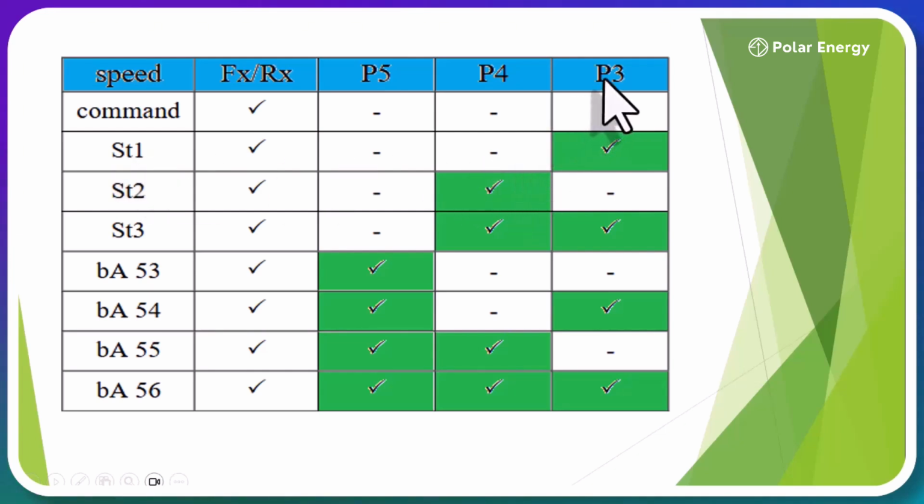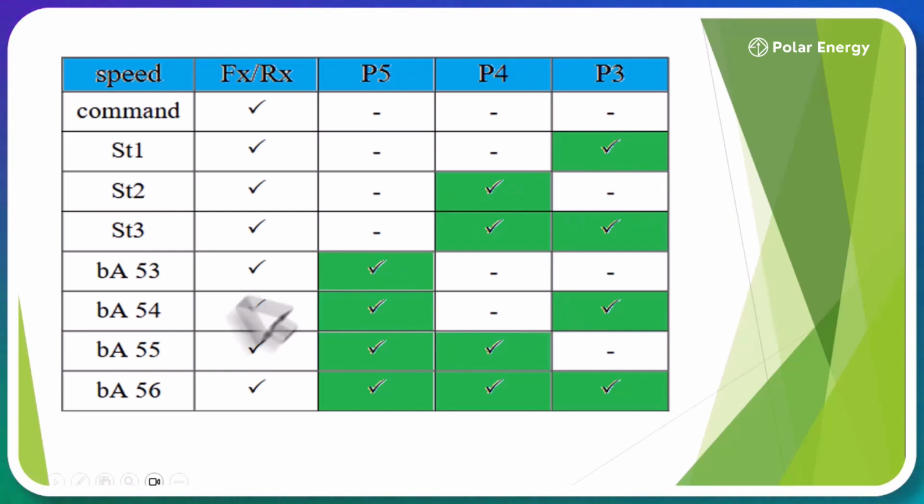If digital input P3 is off and digital input P4 is activated, the value you set in ST2 is sent to the inverter. Now, if both digital inputs P3 and P4 are activated together, the value you set in ST3 appears and is registered. If P3 and P4 are deactivated and only P5 is activated, the value in ST5 is used, and so on, according to the table in the manual. The manual specifies which values to assign to the inverter.